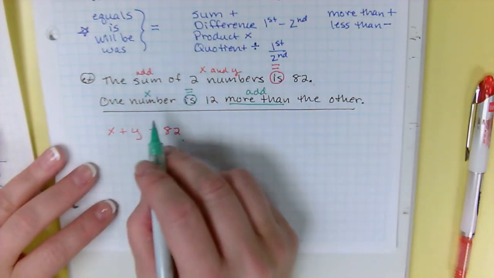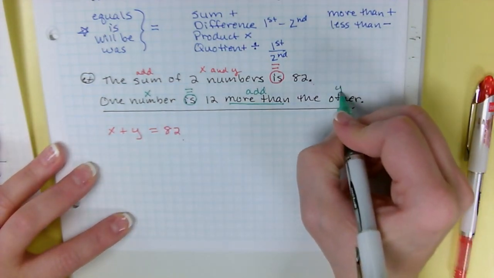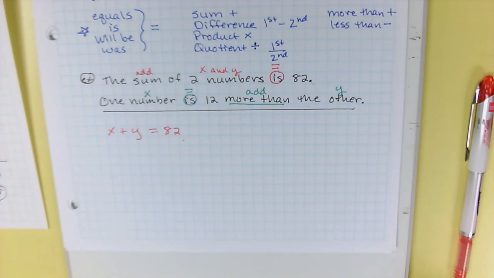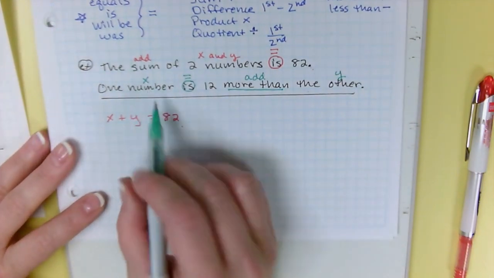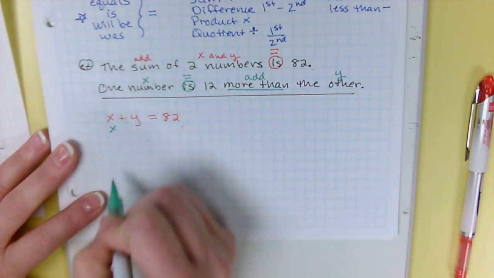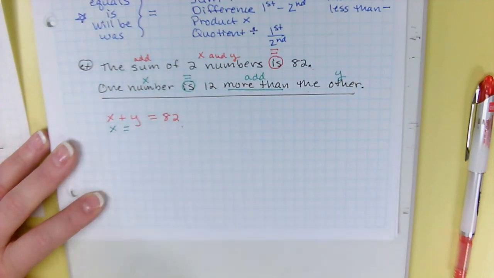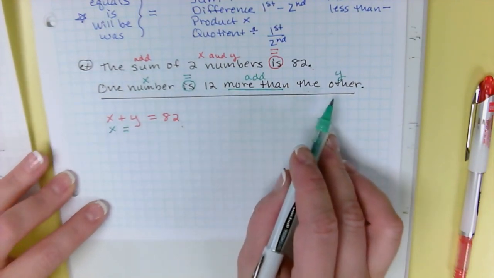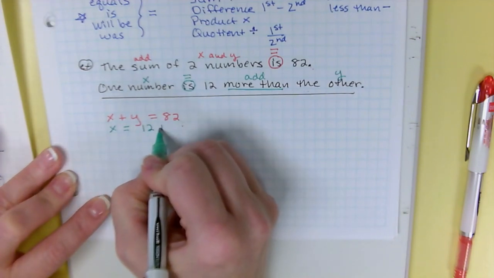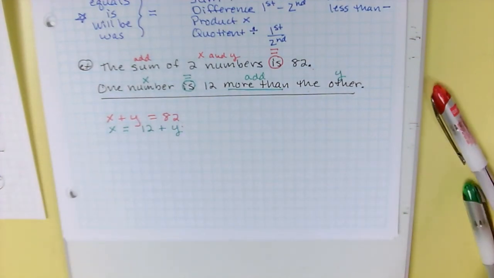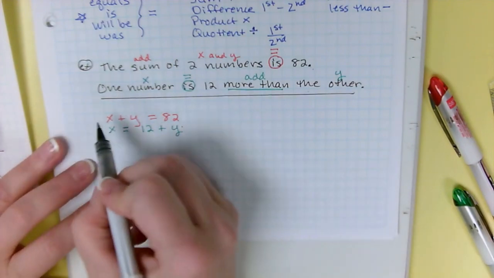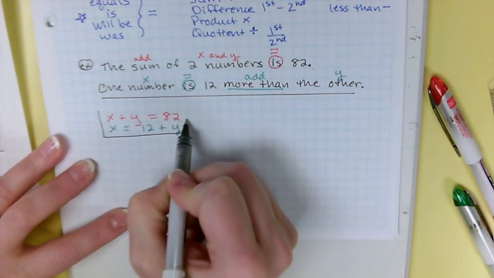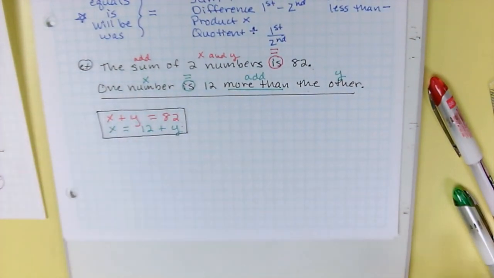Well, the other, if we're working with X, the other is Y. So now let's write that down. One number, X, is equals, now we're going to add 12 more than y. So 12 plus y. So by breaking down the words and writing the math above it, you can make it pretty easy to put your equations together.